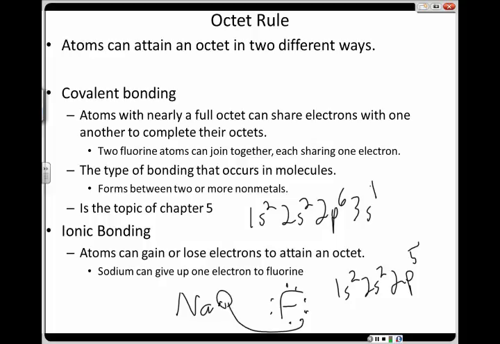And sodium actually is kind of okay with it, because while it would take 7 electrons to get all the way up to a noble gas, if it just got rid of the 1, it's not like argon, but now it looks like neon. It has a full shell now. So this works out great for both of them, and they just trade electrons, or not trade, but one gives up an electron to the other.